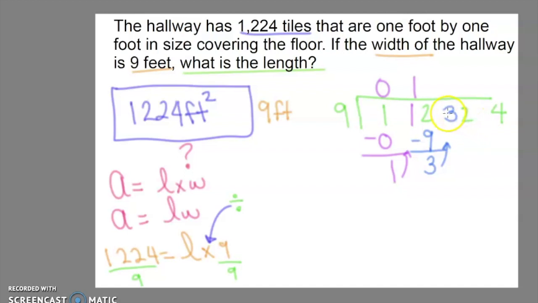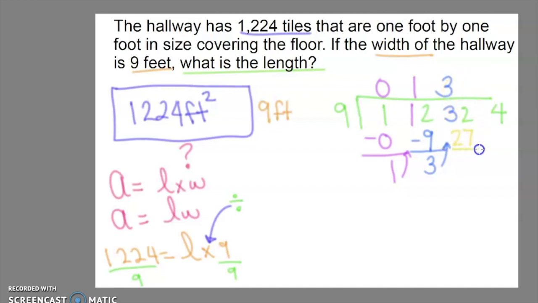How many groups of 9 can I get out of 32? 9 times 3 is 27. If we do 9 times 4, we'll get 36. That would be way too much. Awesome. So 9 times 3 is 27.